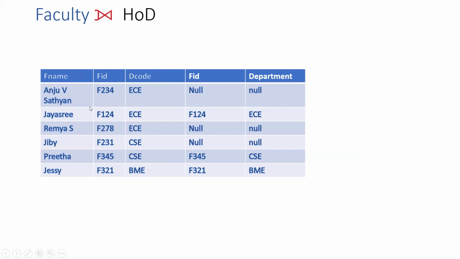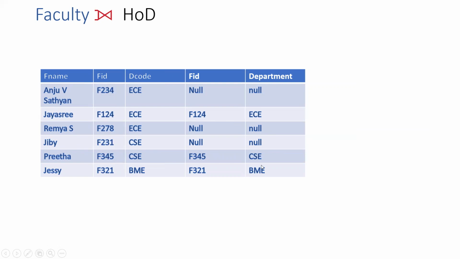So Anju V Satyan F23 ECE null. Similarly, Ramya S F28 ECE null. Jayashree, Preeta and Jessie have corresponding tuples in the HOD relation, but Ramya and GB do not, so we put null values in those cells. This is the result of left outer join.